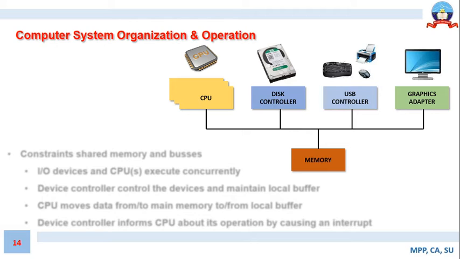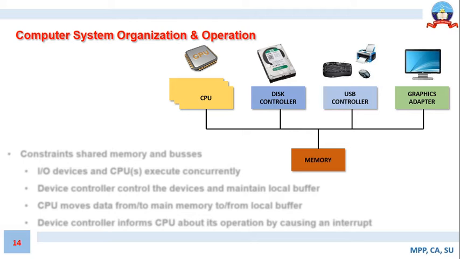Here it's also to be understood that a computer system can have more than one central processing unit based on the requirement. Now, associated with each and every other unit, we have the device controllers. Let us try to understand the role of the device controllers. Device controllers are capable of managing the associated device. In addition, they enable communication between the central processing unit and the devices.